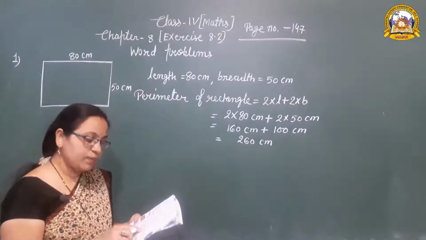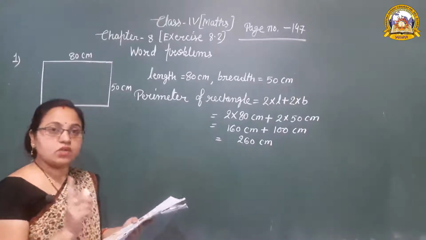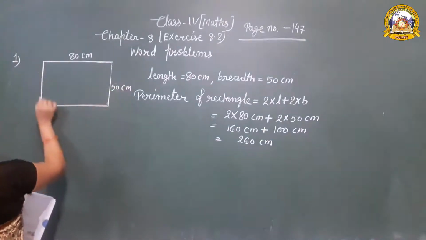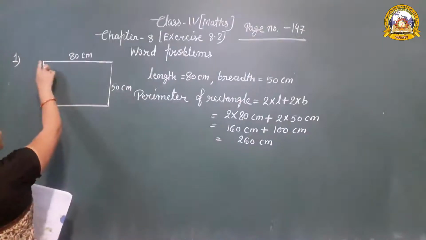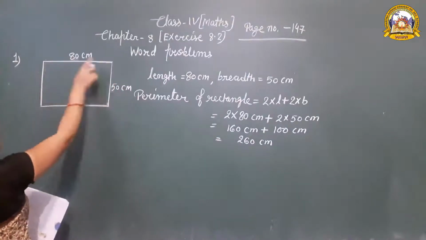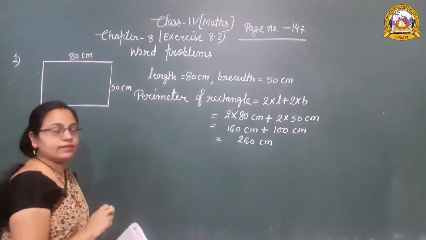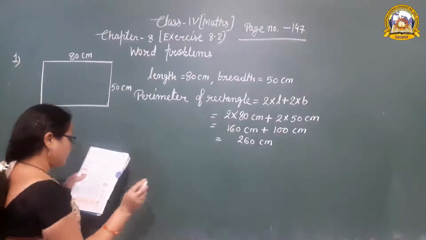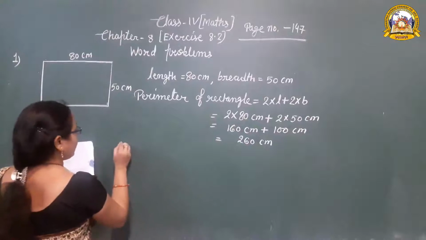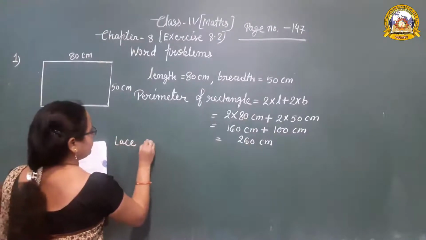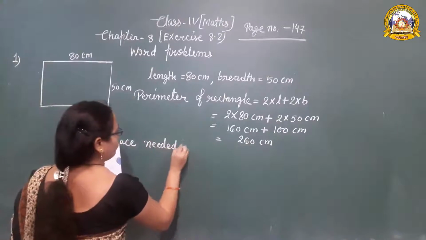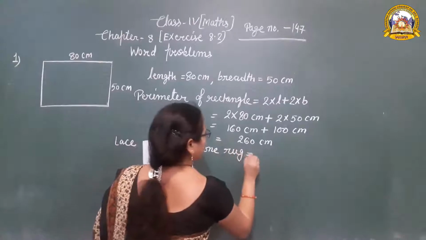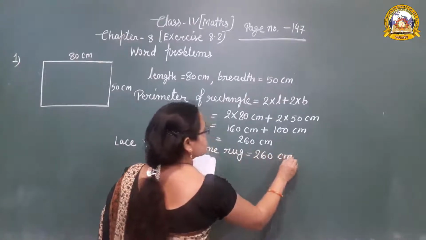How much lace will be needed for one rug? Perimeter means the total length of the boundary of the figure. When we cover the lace on the boundary of this figure, that is the total length. So we write: lace needed for one rug is equal to 260 centimeter.